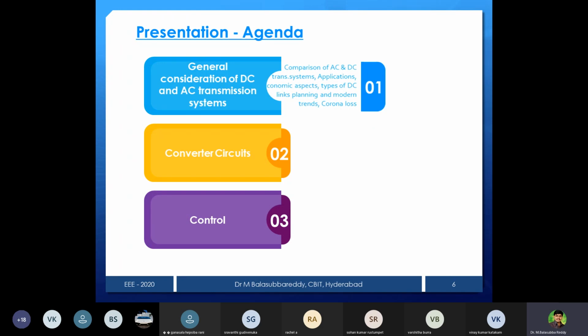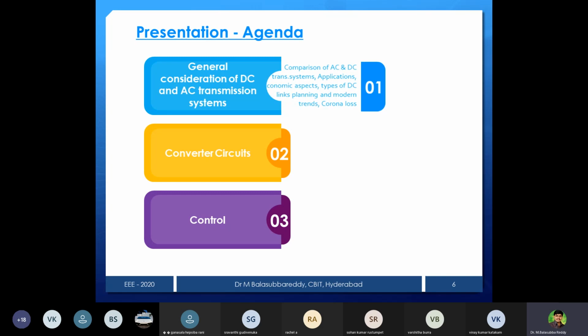But once you come down to DC transmission, how many conductors do we need in DC? Anybody? Any answer from your side? DC transmission, how many conductors are required? 2, sir. 1. Yeah, in some cases 1 is sufficient.